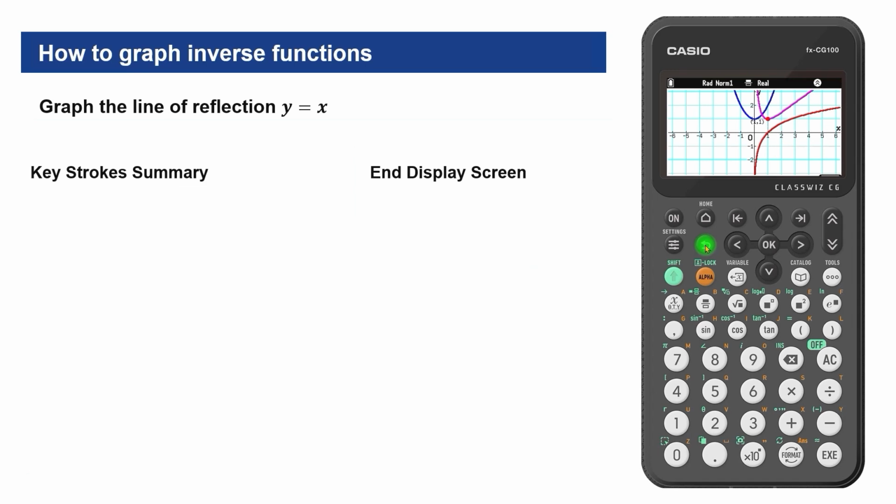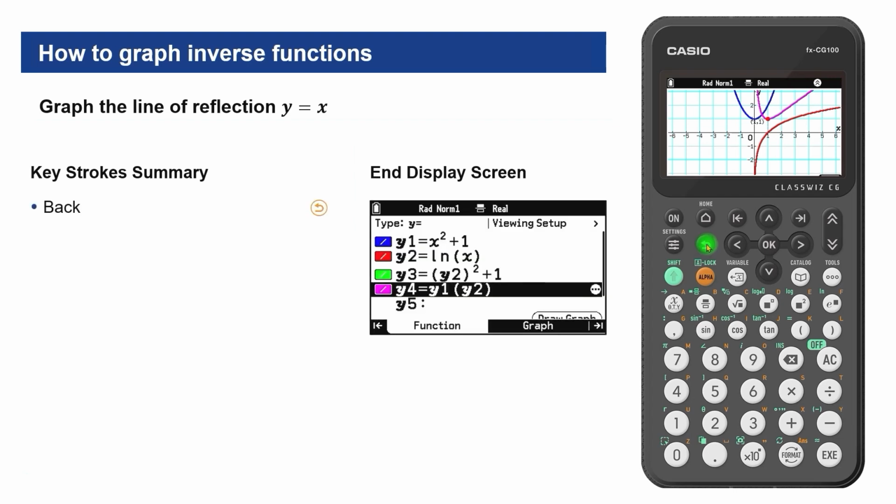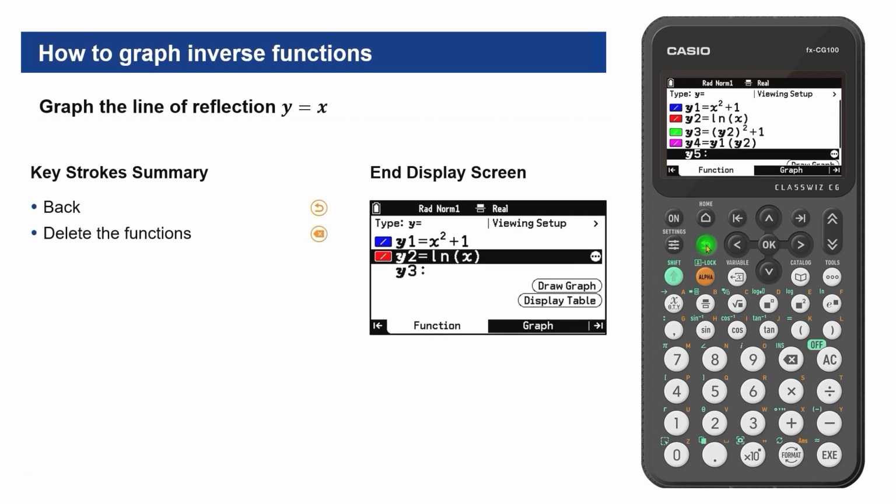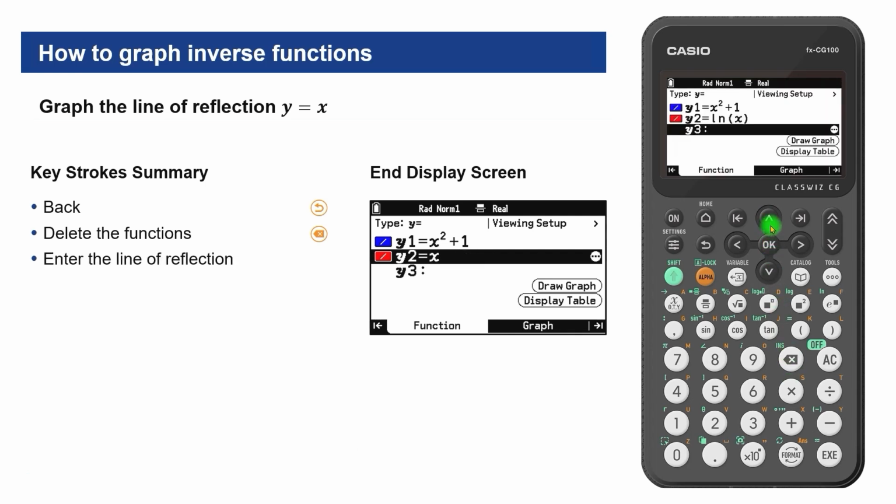To investigate inverse functions, it could be useful to sketch a line of reflection. So we will now look at how to change the style of a graph. Return to the Function tab and delete the existing composite functions y4 and y3, leaving the y1 quadratic. Then highlight y2 so that it can be overwritten.